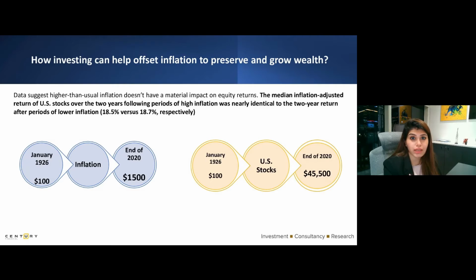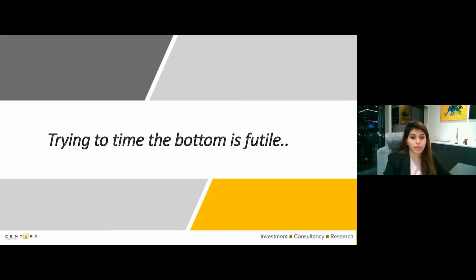That's obviously a crazy number. But that same $100, if it was invested in the US stock market, would have grown to $45,000. So that is well enough covering for inflation. In the long run, a way to beat inflation is through the stock markets.